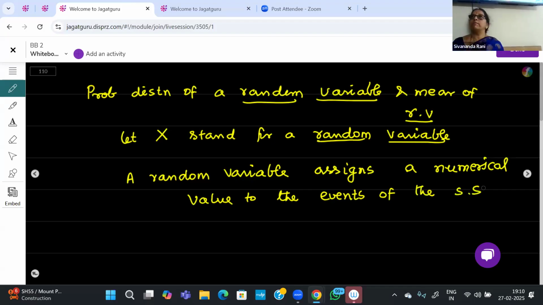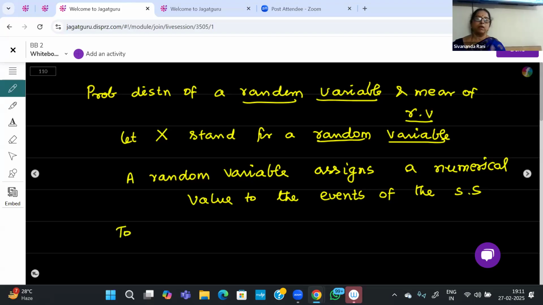This is its major job. Okay, you're doing some experiment, and there are outcomes in it. What it does is that it groups many possible events and then assigns a numerical value to it. It's a very simple idea. The idea of the random variable is very simple, but it has got far-reaching implications. Okay, let us see how it actually works.